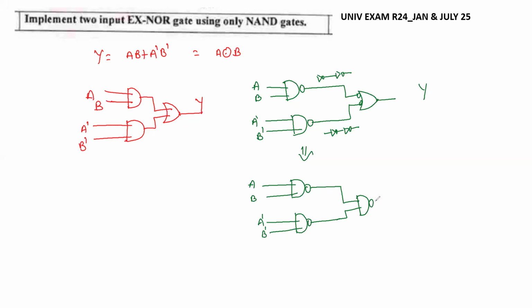And finally again this is the NAND gate and Y. If you want, you can verify the output stage by stage, that will be better. Here we have A, B dash; here we'll get (A dash B dash) dash. Similarly verify here whether you are getting AB plus A dash B dash or not. If you are getting the same expression, then it is verified.